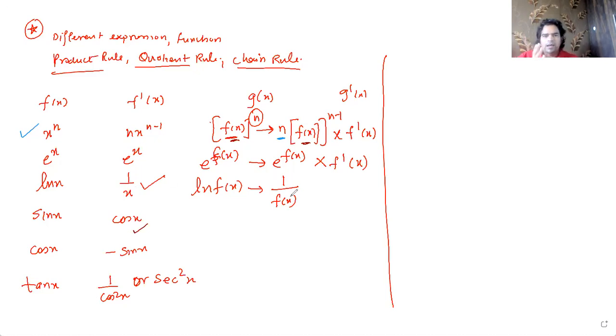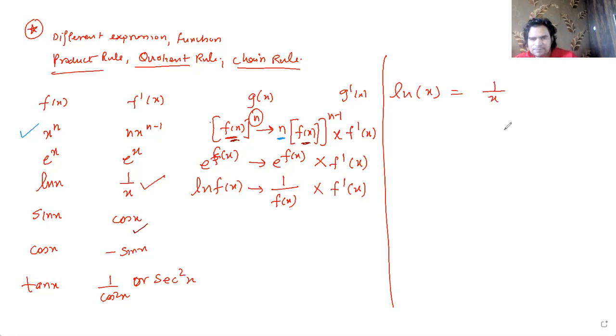In the first step I differentiate it as 1 over f(x), but do not forget to multiply with the derivative of the child function. So this multiplication by the child function derivative is throughout. You just follow the backbone of the parent function and multiply with the derivative of the child function.